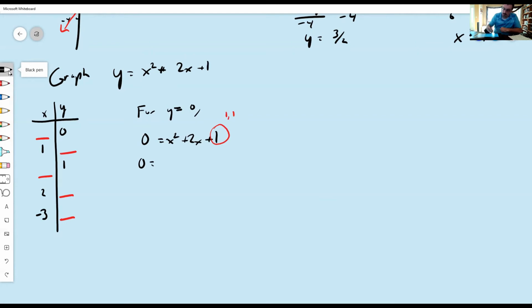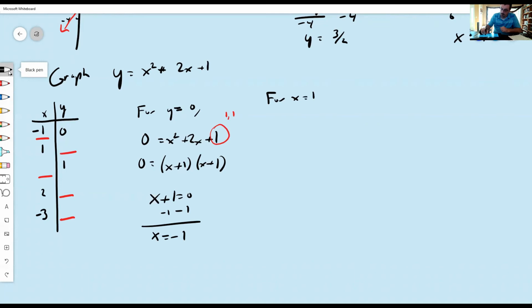So this is going to break into x plus 1, x plus 1. Now, they're both the exact same factor, so I'm only going to set one equal to 0. Solving it, x equals minus 1. And we're just going to keep doing it.